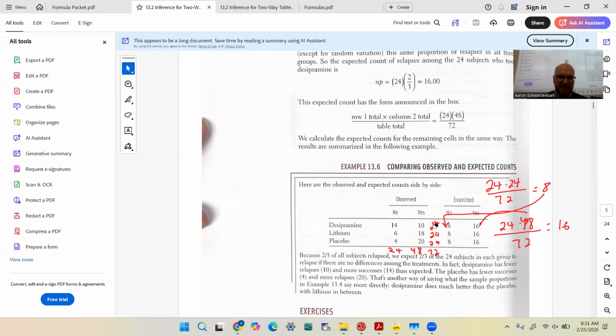So that gets me my expected counts. My degrees of freedom: number of rows minus 1 times number of columns minus 1.